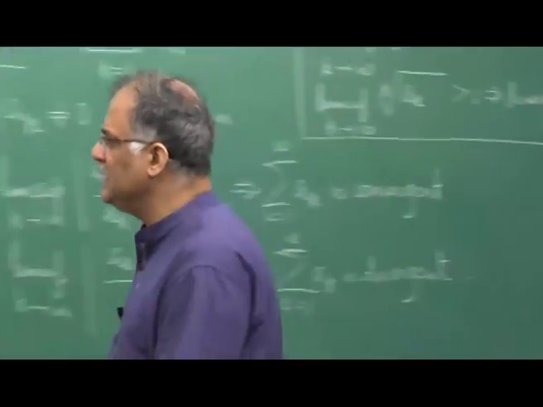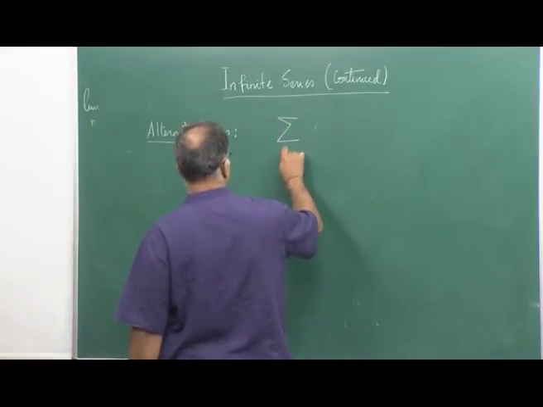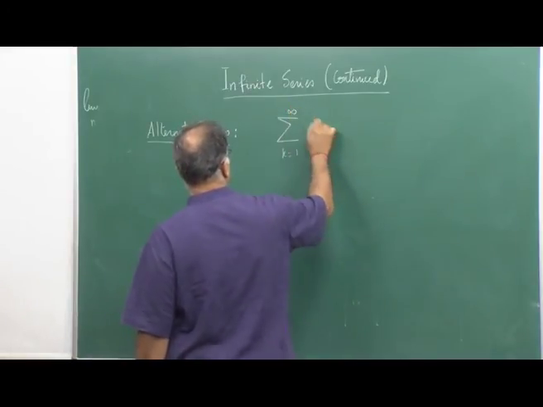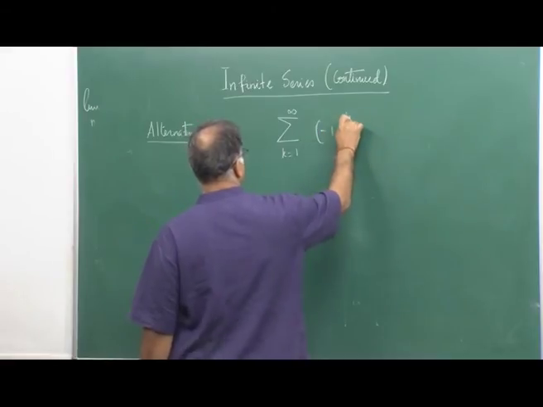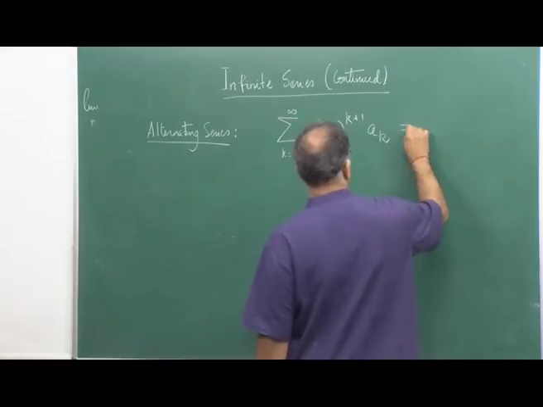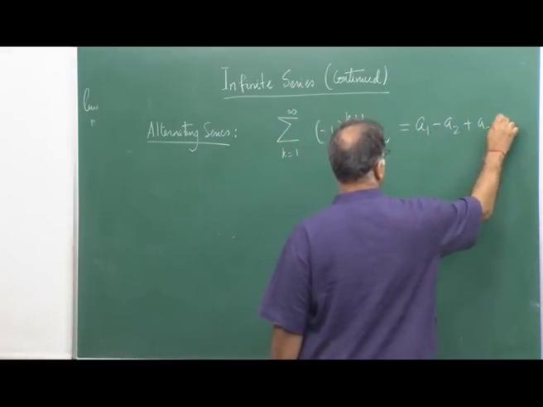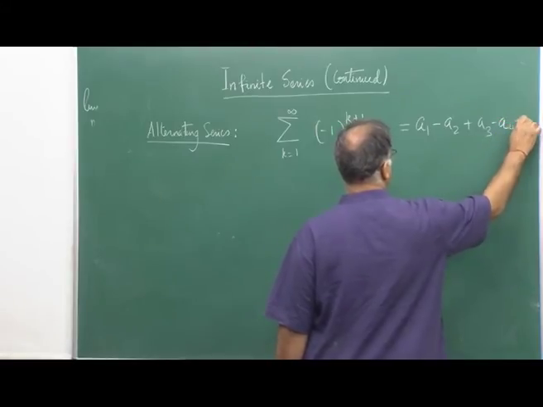So, an alternating series is a series like this: summation k equal to 1 to infinity of minus 1 to the power k plus 1 times a_k. So, it will become a1 minus a2 plus a3 minus a4 and so on and so forth.